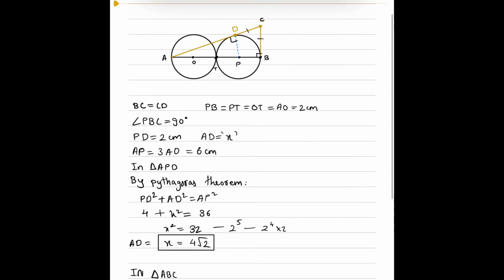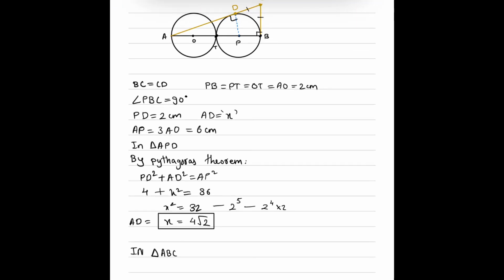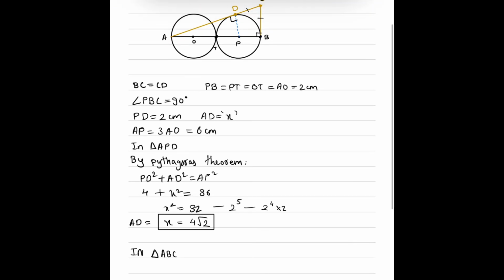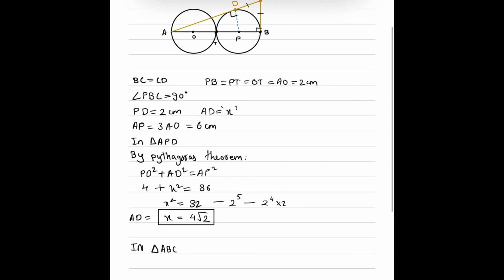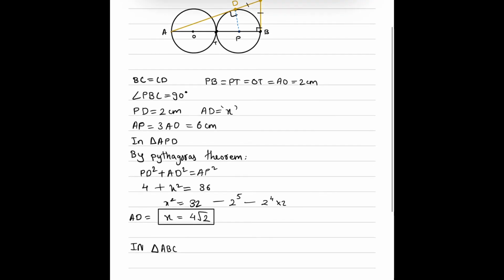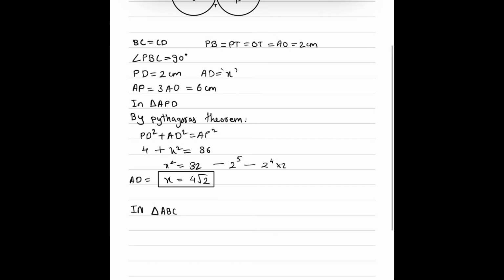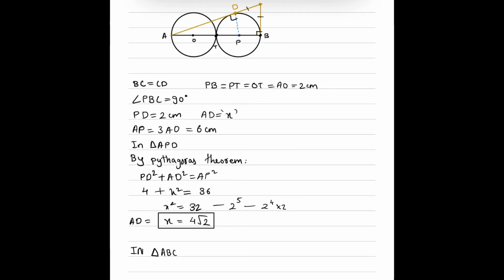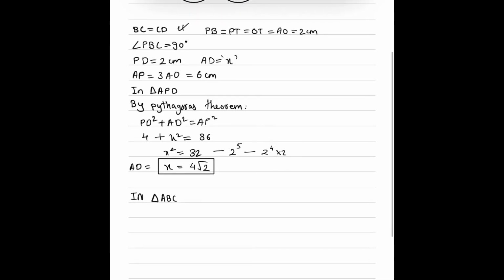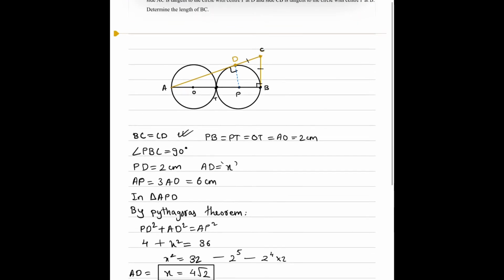In triangle ABC, BC is equal to CD, we already know. So we can clearly say that BC is equal to CD. That's written over here. I'm not going to write it again.